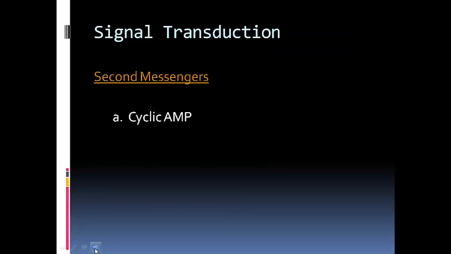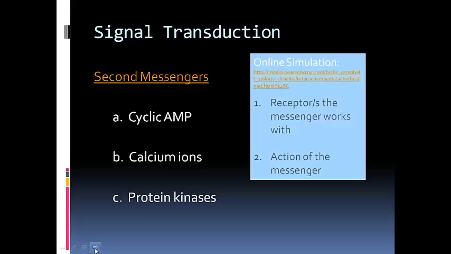We're going to do the same thing with step 2, signal transduction. Write down the heading in your notebook. There are 3 types of what we call second messengers, which are the signal transducers. They change the signals for the cell. There's an online simulation which will answer 2 questions for you for each of the second messengers. What is the receptor from the previous page that the messenger works with?